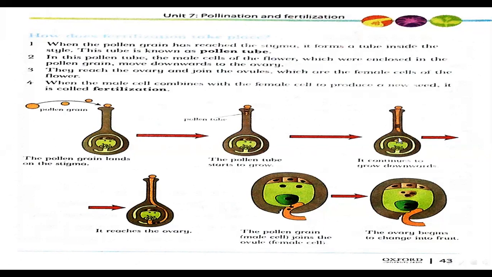They reach the ovary and join the ovules, which are the female cell of the flower. And when the male cell combines with the female cell to produce a new seed, it is called fertilization. So these 4 steps show you the process of fertilization.